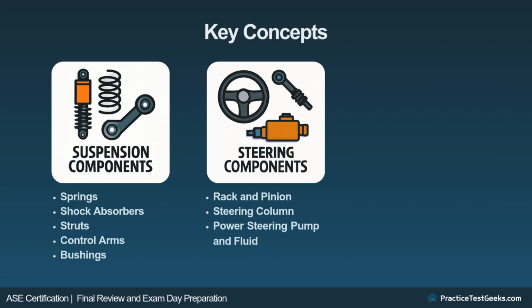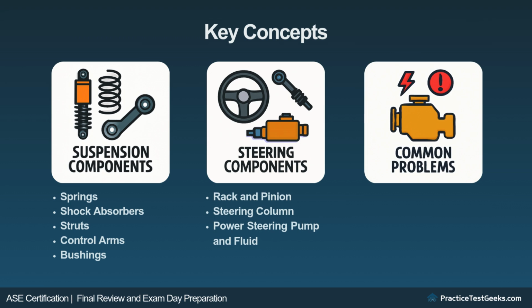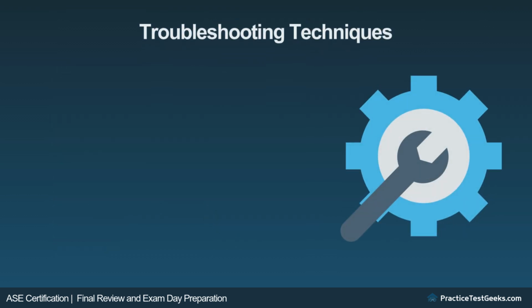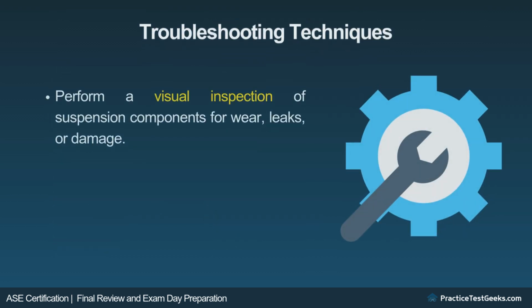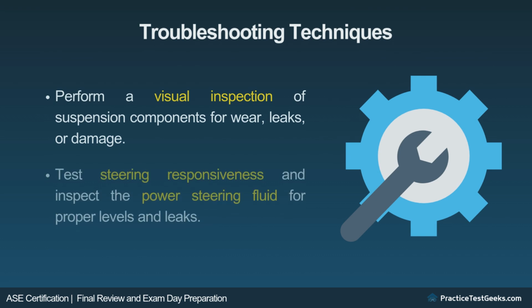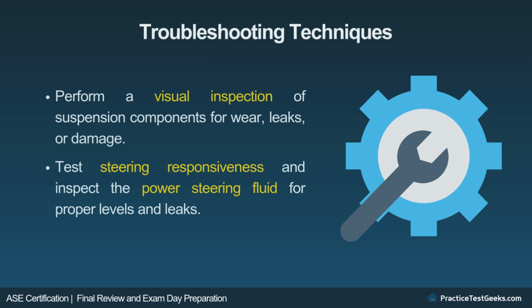Rack and pinion, steering column, power steering pump, and fluid. Common problems: uneven tire wear, poor handling, steering play, or noise. Troubleshooting techniques. Perform a visual inspection of suspension components for wear, leaks, or damage. Test steering responsiveness and inspect the power steering fluid for proper levels and leaks.